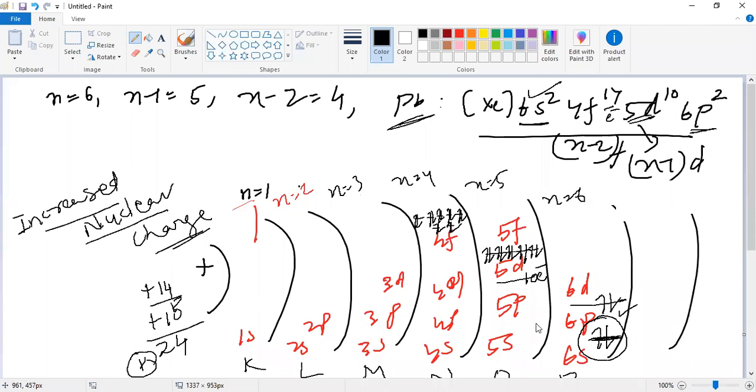Now, one more thing. The shape of the f orbital is not easily known, but the shape of the d orbital is like this. It is a double dumbbell shape, and that is why f and d orbitals cause poor shielding.